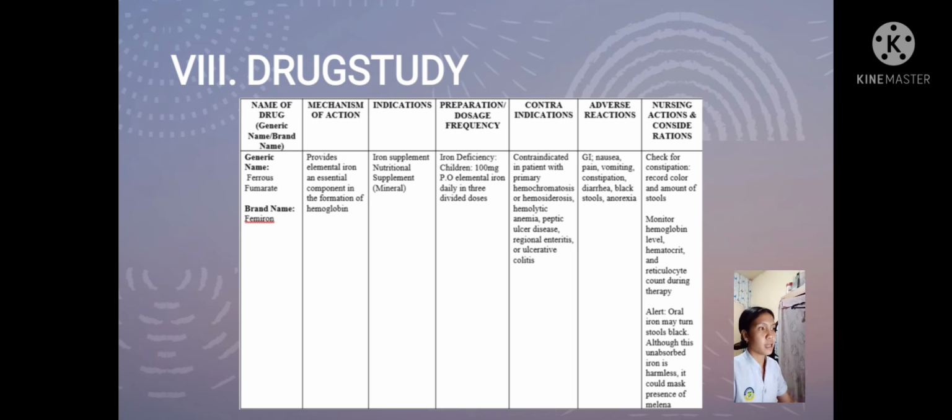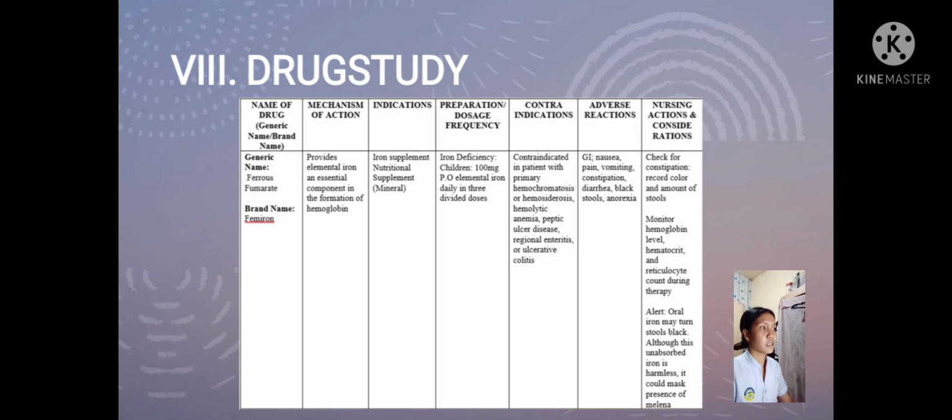Contraindication: contraindicated in patients with primary hemochromatosis or hemosiderosis, hemolytic anemia, peptic ulcer disease, regional enteritis, or ulcerative colitis. Adverse reactions are nausea, pain, vomiting, constipation, diarrhea, black stool, and anorexia.